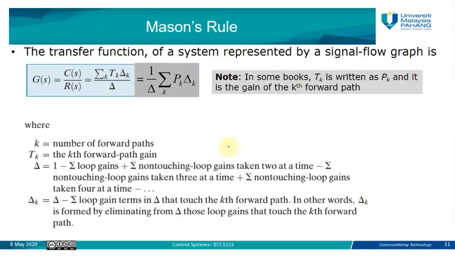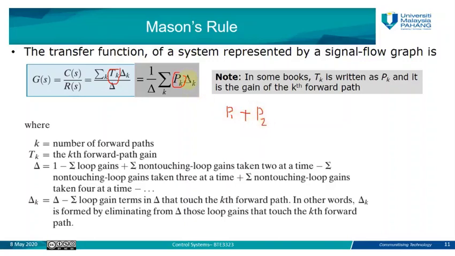If you go to the formula here, that means we already have this value, Pk or Tk. When we say the summation of Pk delta k here, it will be the gain of P1 plus P2 in our example here.